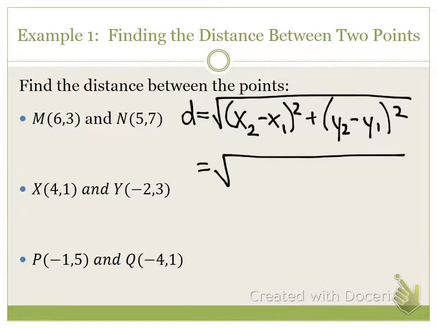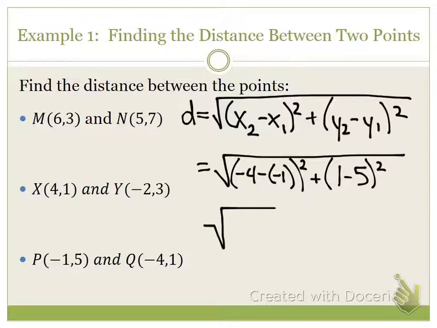All right, so now let's make our substitutions. What's my x2 value? Negative 4 minus negative 1, squared, plus y2, which is 1 minus 5, squared. What happens to that double negative? It changes to a positive.